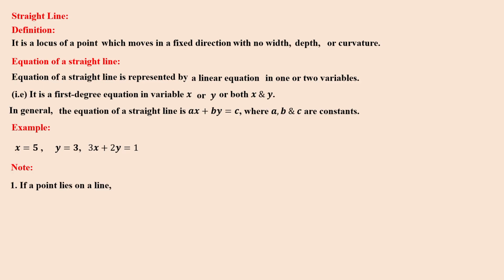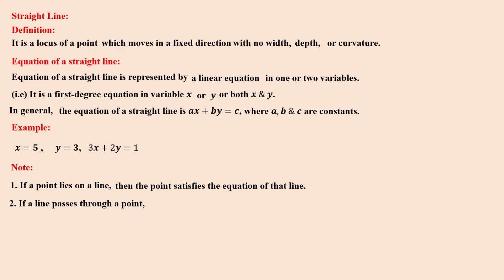First to note, if a point lies on a line, then the point satisfies the equation of that line. Satisfying the equation of the line means, if you take a point, there are two coordinates, x and y, written as (x, y) within brackets. The first is the x coordinate of the point, and the second, y, is the y coordinate of the point, that is, the x distance and y distance from the origin.